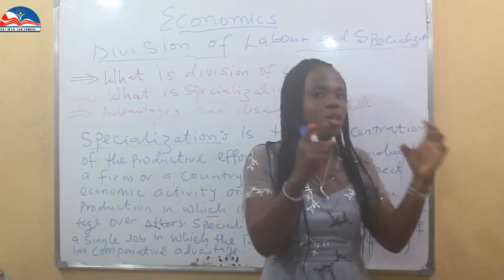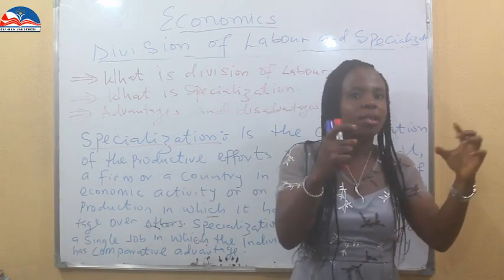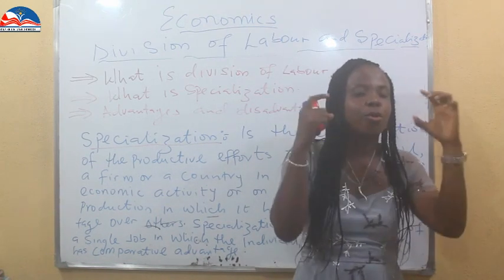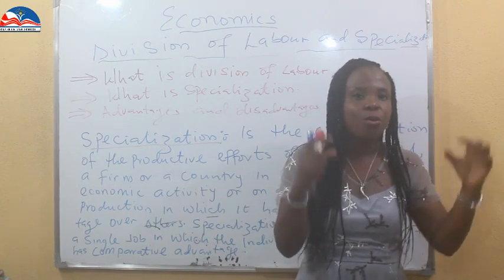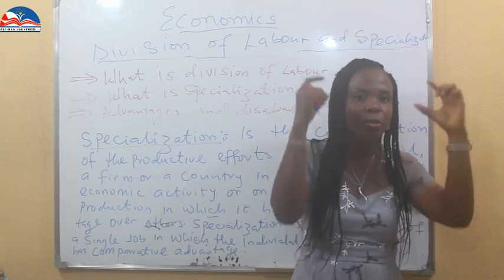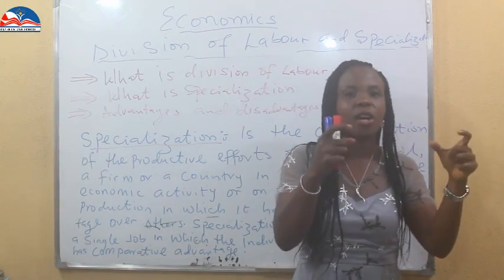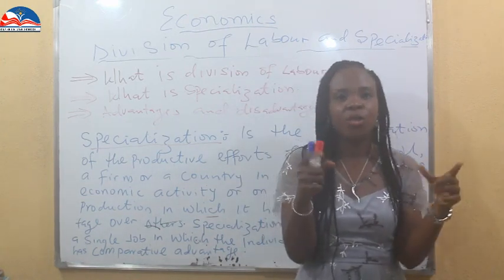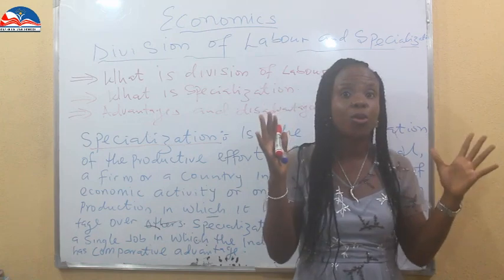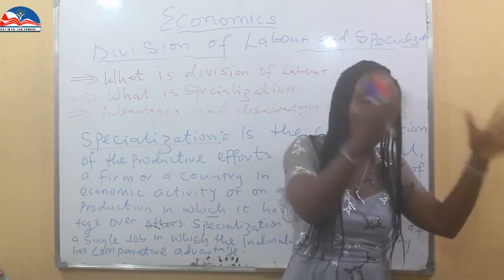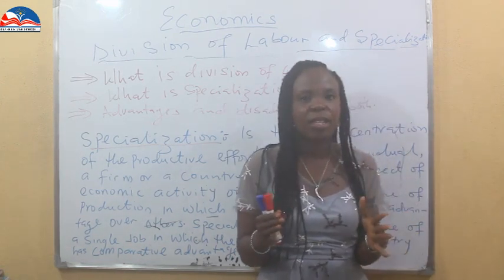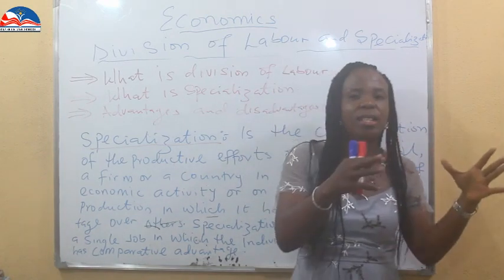The company concentrates on rice milling. They make a name from rice milling. People know them for that, and they make profit from that. That is the comparative advantage for that company, the rice milling. So they concentrate all their effort and then make a name on that area. That's specialization. They are specialized on that area.